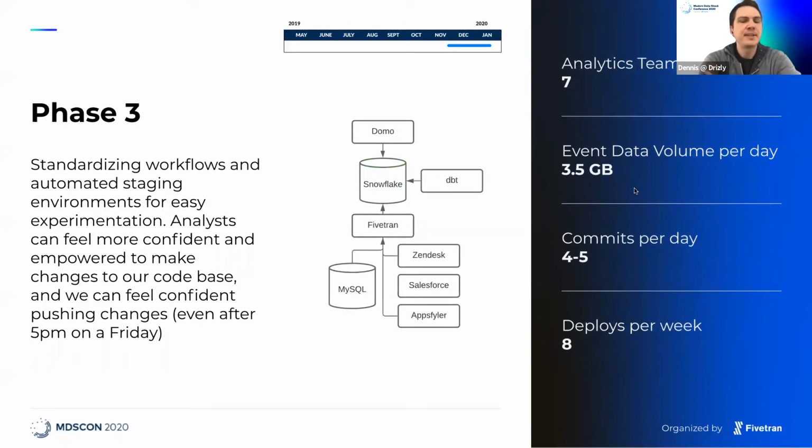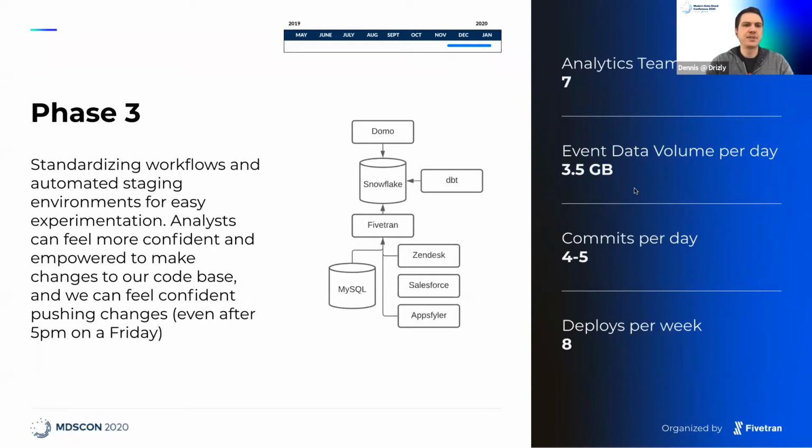So phase 3 is, now that we've settled on our main tools of DBT for transformation, Snowflake for our warehouse, and Fivetran for ingestion, what you can see that's no longer in this diagram is a lot of those peripheral cron jobs and tasks that just existed, but we weren't as confident in, and we start to funnel all of our processes through standard frameworks.